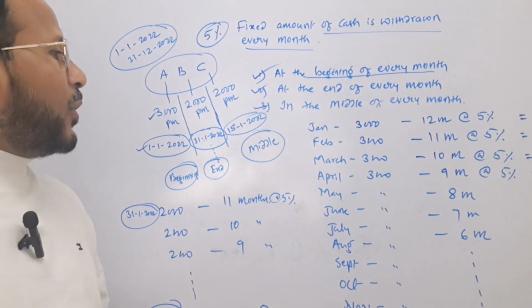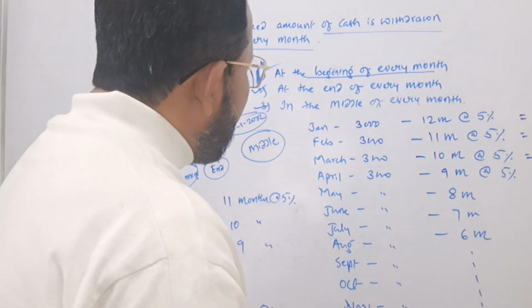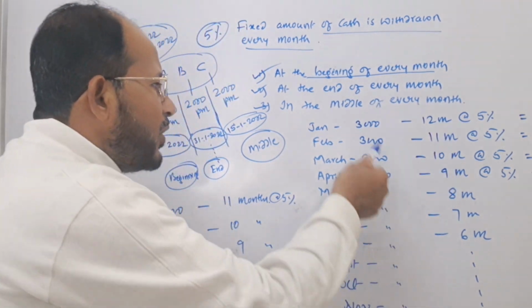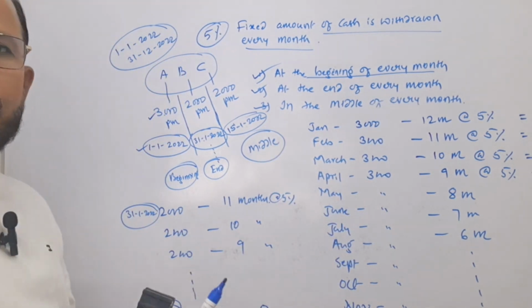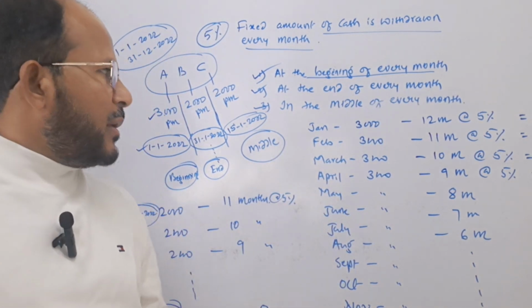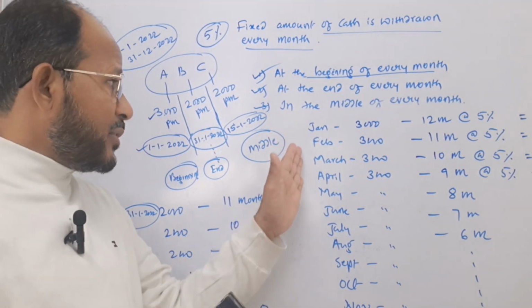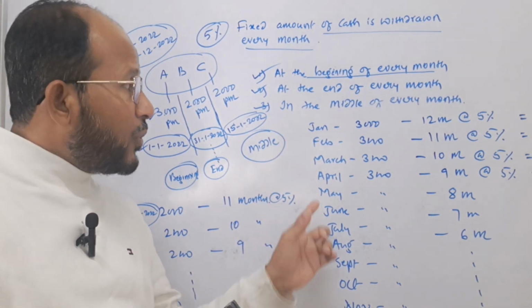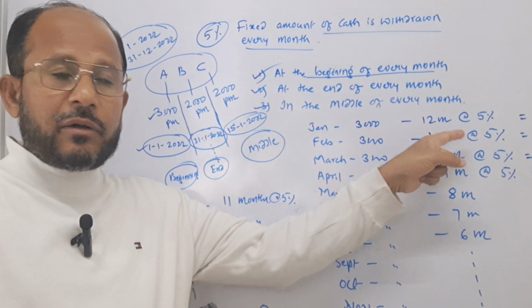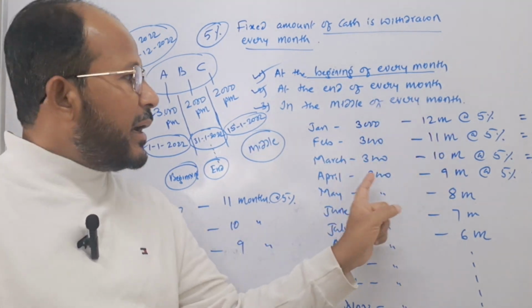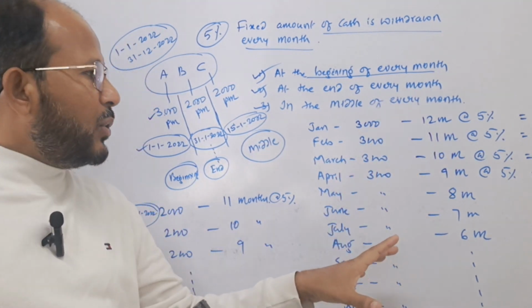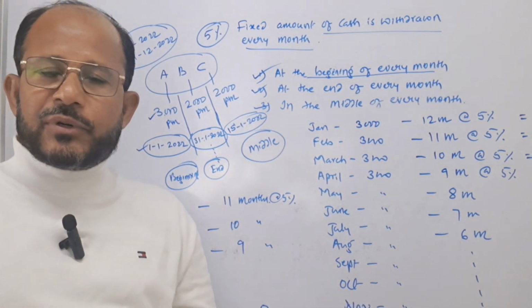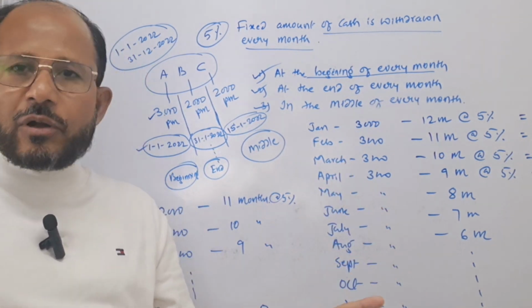Now, a very important thing is, when we calculate interest for each and every drawing, it takes more time, right? 12 months are there, 12 times the partner has withdrawn the amount. Therefore, if we calculate interest like this for every drawing, it takes more time. In order to save time, some experts have developed one simple formula.